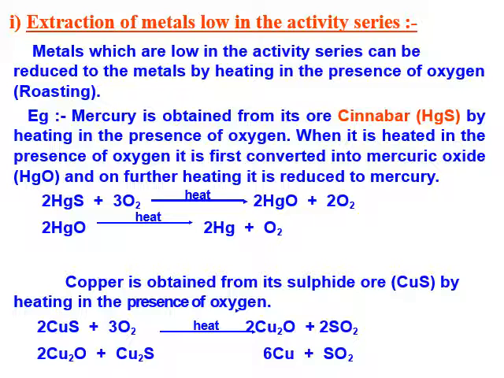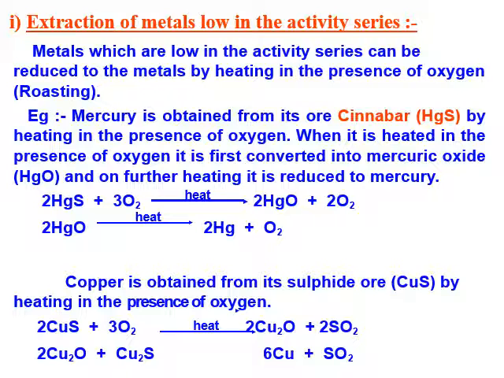When it is heated in presence of oxygen, it is first converted to mercuric oxide, and on further heating it reduces to mercury. You can see the equation: HgS, or cinnabar, when heated in presence of oxygen, O2 molecule, forms mercuric oxide, and when mercuric oxide is heated again, it forms mercury and oxygen.